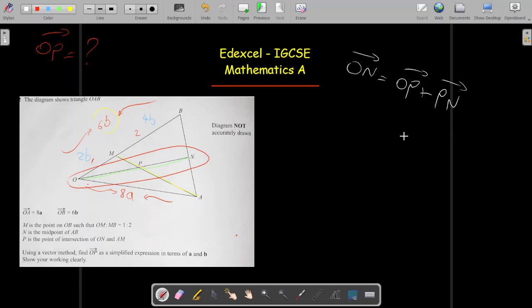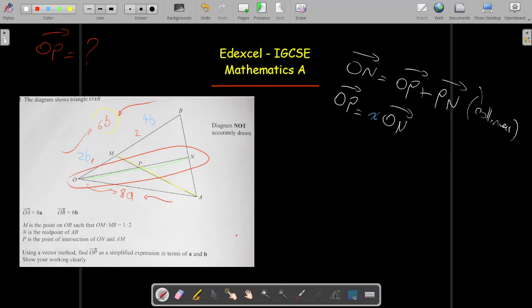This is the first thing. Also, I can describe OP in the collinear way, as a scalar out of ON, right? I can say that the OP vector is representing x of the vector ON. It's a ratio, an amount.